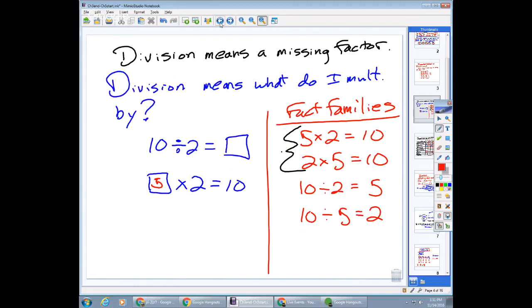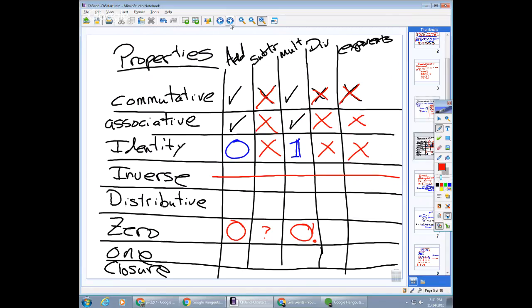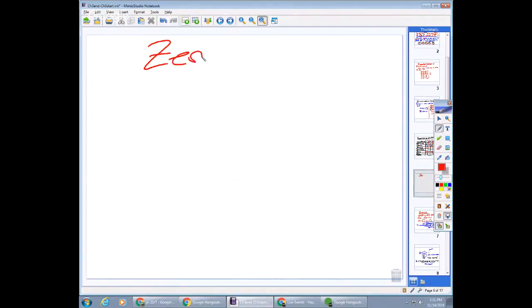Let's take a look at that. Let's see, this way, new page, 0. So let's see, what is 0 times 1? 0. And 0 times 2? 0. And 0 times 3?